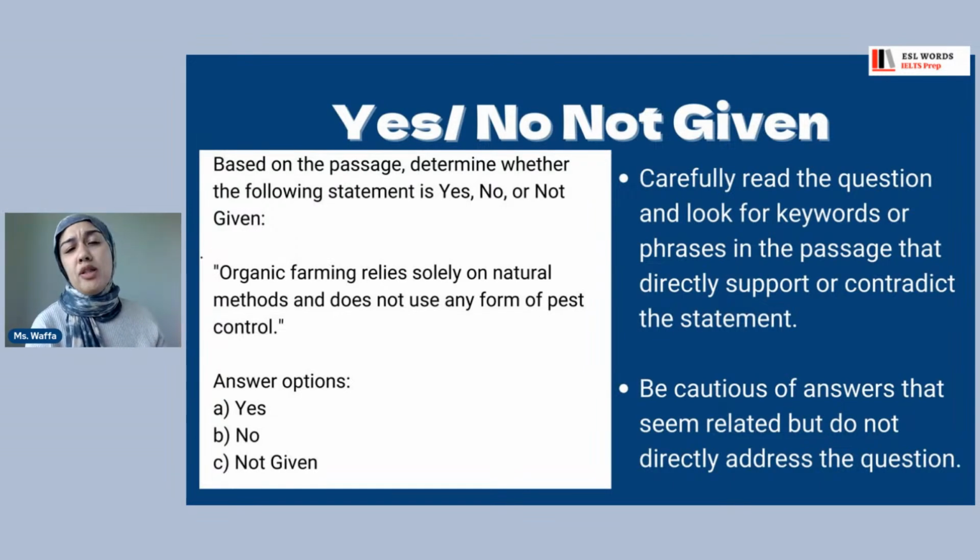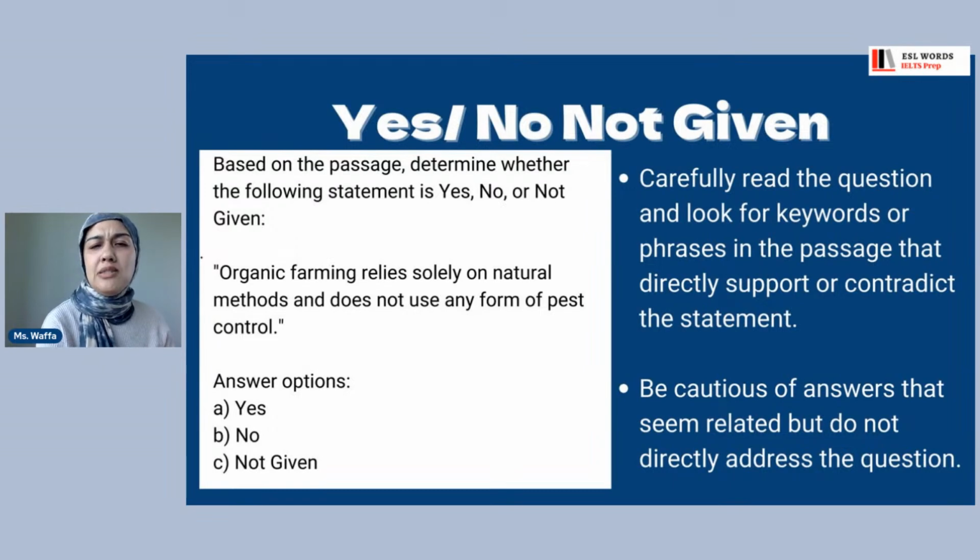So take a quick look at this sample question that says, based on the passage, determine whether the following statement is yes, no, not given. Organic farming relies solely on natural methods and does not use any form of pest control. So is this answer yes, no, not given?